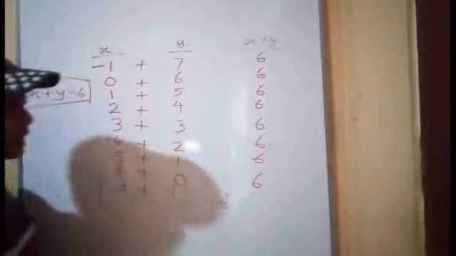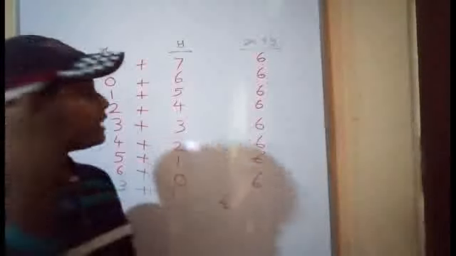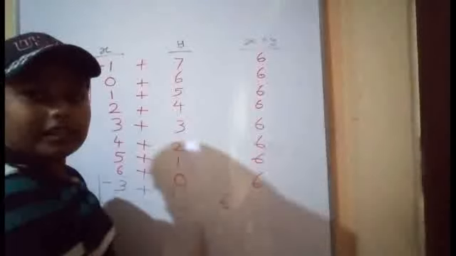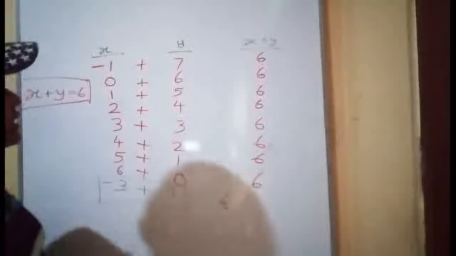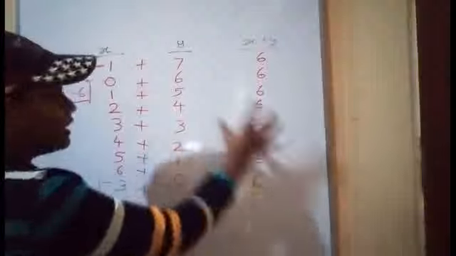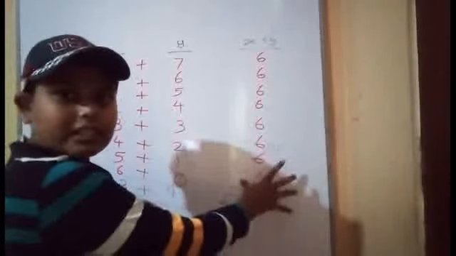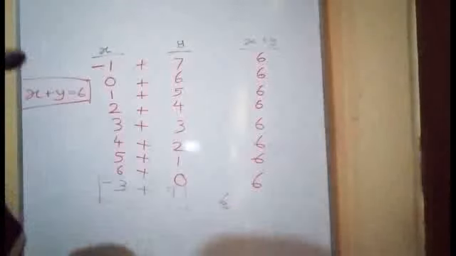If the x value added to the y value is the same in the different pairs, then in the different pairs the x value added to the y value is equal to the same number.